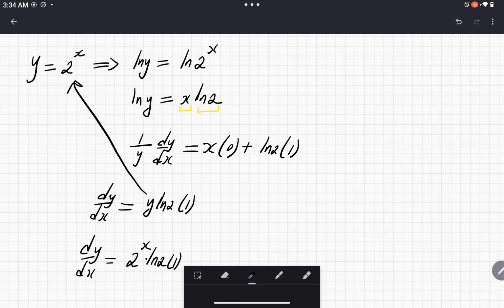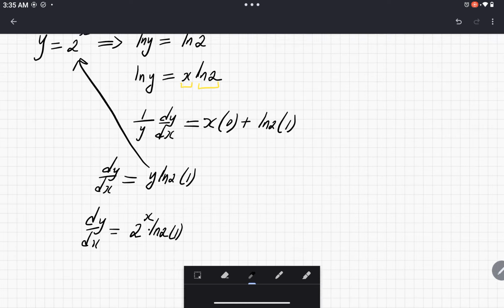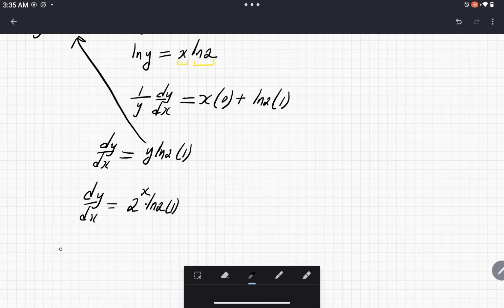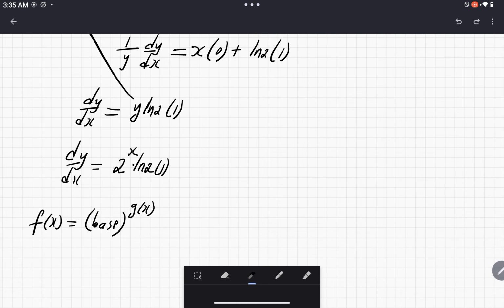So having this general picture in mind, we can come up with a formula. Let's say we have a function f of x equals the base, which can be any constant, raised to the power of another function g of x. Then the derivative of this function will simply be the function itself, meaning the base raised to the power g of x.